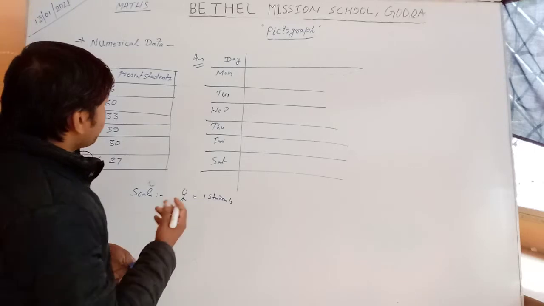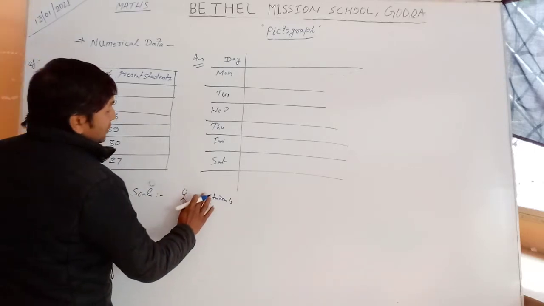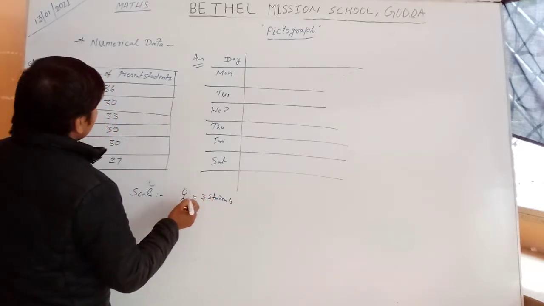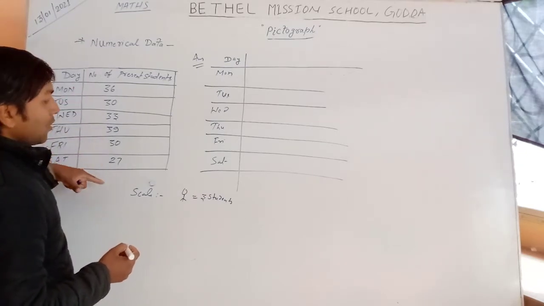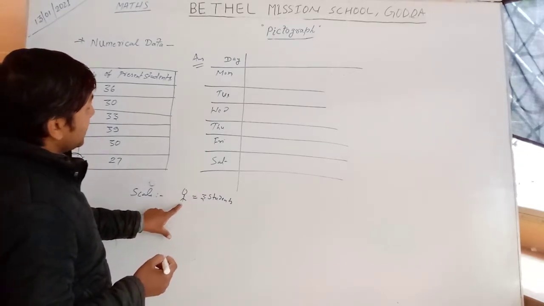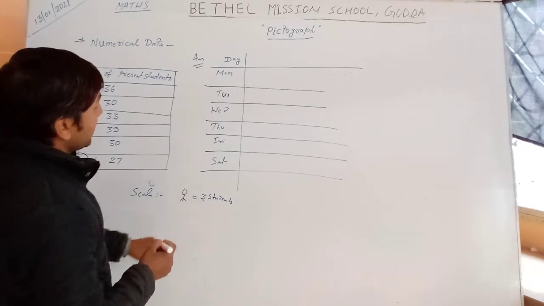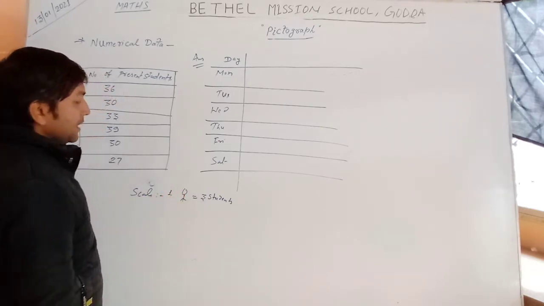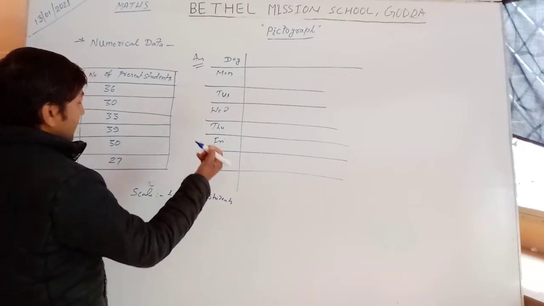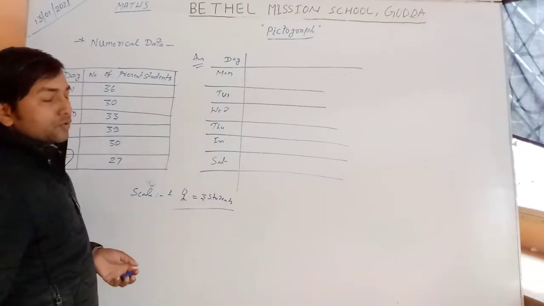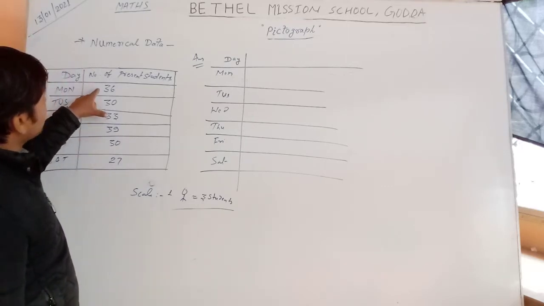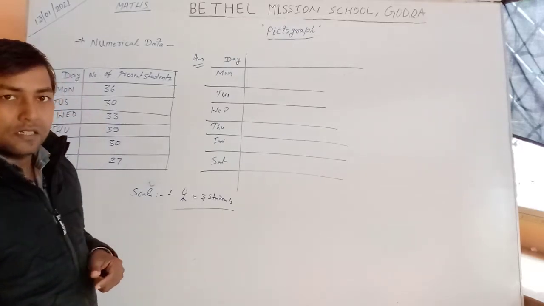That's why you take 3, because 3 is a factor of all of them. If you take one picture equal to 3 present students, then it will be easier. So the scale we have taken is 3 students. Why 3? Because all are divisible by 3.